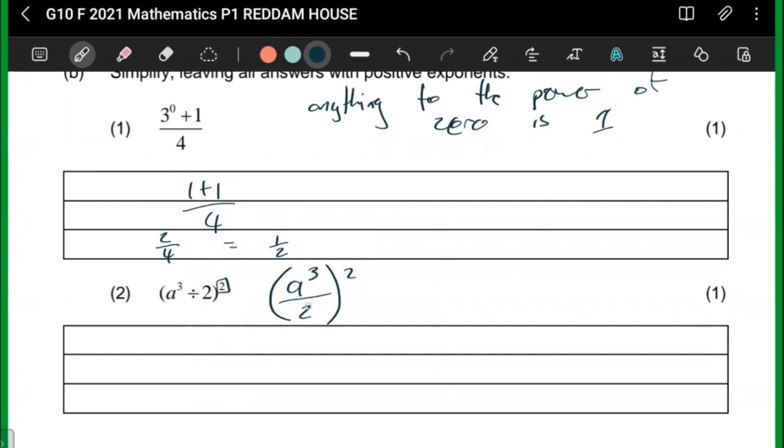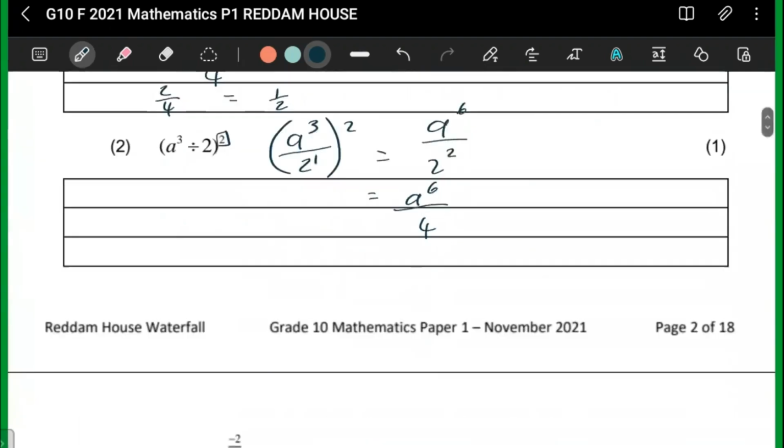Now from here, you know that the square goes for the numerator, but if you have an exponent to the power of an exponent, you multiply the exponents. So for the top, you're going to have a to the power of 6. At the bottom, 2 is to the power of 1. So the 1 times the 2 is going to give you 2 to the power of 2. And then here you obviously have a to the power of 6, the whole thing over f4. You cannot go any further from here. So you just leave it the way it is. You see.